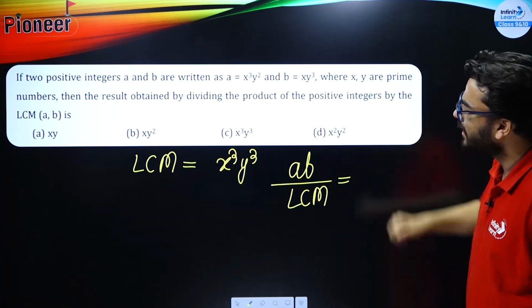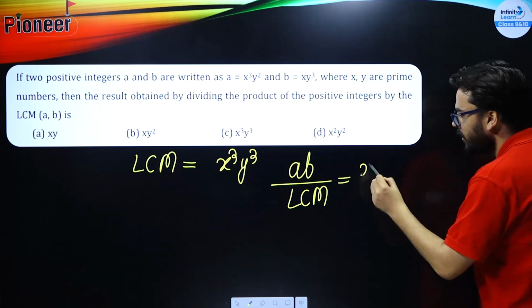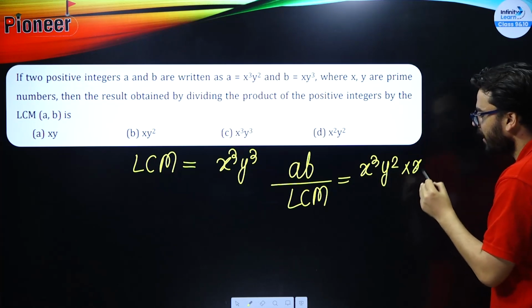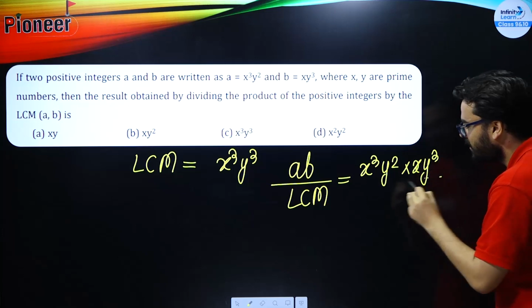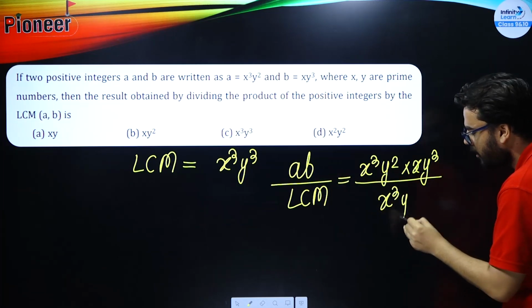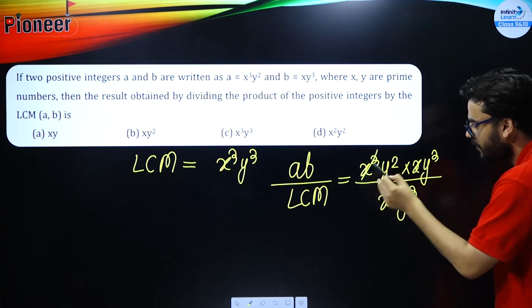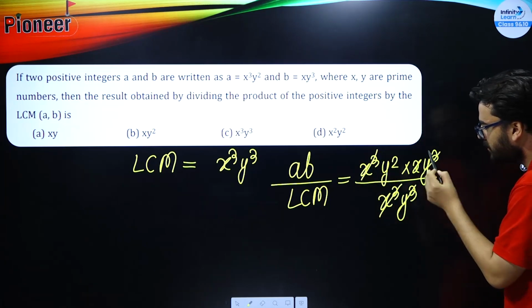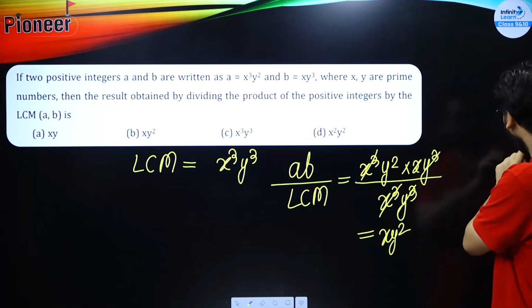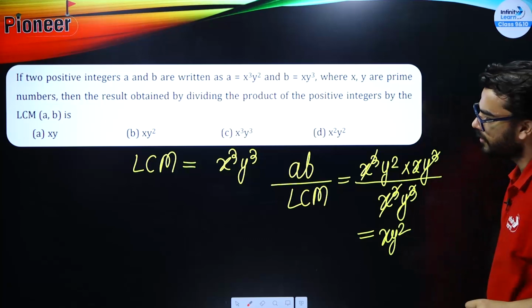So what is the product of these numbers over here? That is x cube y square into xy cube, and that is getting divided by the LCM. So it is x cube y cube over here. So you see, this can be cancelled out and this can also be cancelled. So the answer will be what? xy square. xy square is the answer over here.